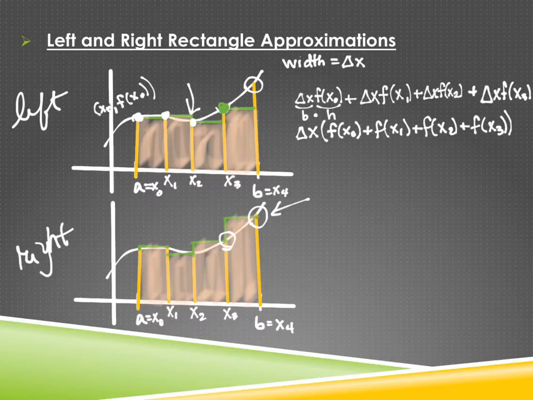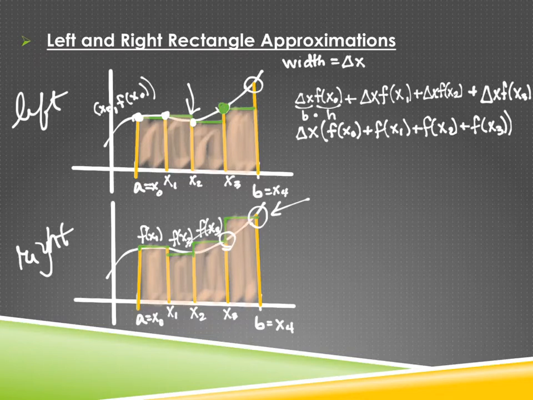Now, if I follow that same pattern, take a look at the second picture. What are the heights of these rectangles? What about the first rectangle now? Instead of using the left end point as the height, I'm using the right end point as the height. So what's the height of the first rectangle in the right rectangle picture? It's actually f of x1. What's the second one? f of x2. The third one? f of x3.